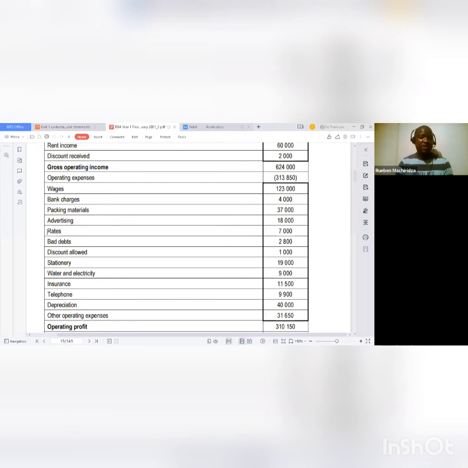When you talk of rates, we are talking about be it electricity, be it the water that we use on our premises, those are rates. So we must also include them, because we cannot run a business without rates. People will need to drink water. We will need electricity for our transactions. So we have to show them under operating expenses.